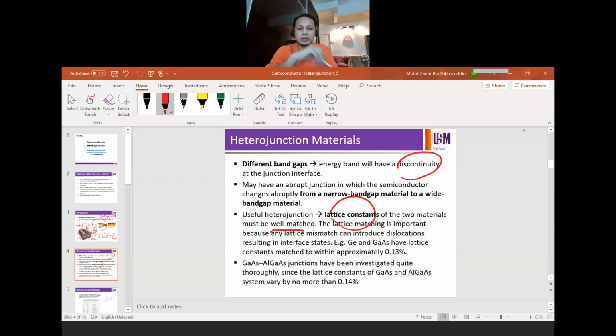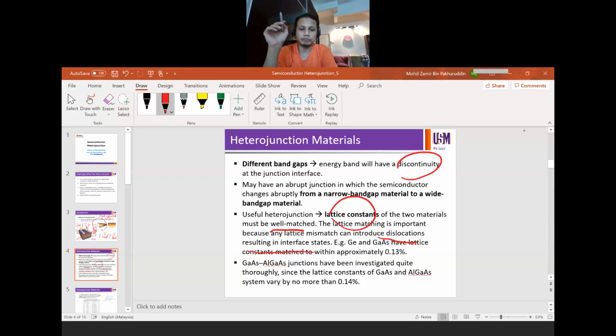The lattice matching is important because any lattice mismatch can introduce dislocations resulting in interface states. If you have lattice mismatch, you're going to have dislocations in the lattice when you move from one material to the other, and this will result in interface states in the band gap. So you'll see electronic states in the band gap. There will be trap centers, recombination centers, and they will essentially be defects in the device.